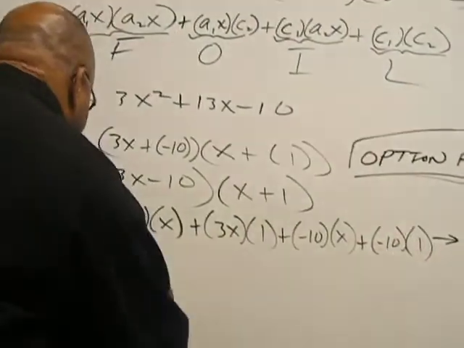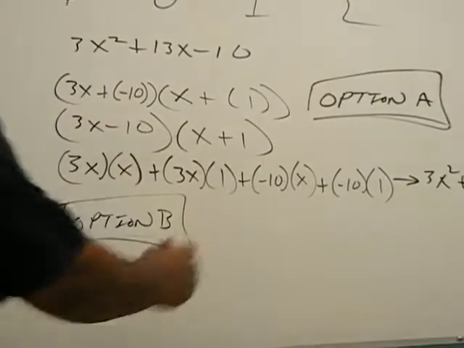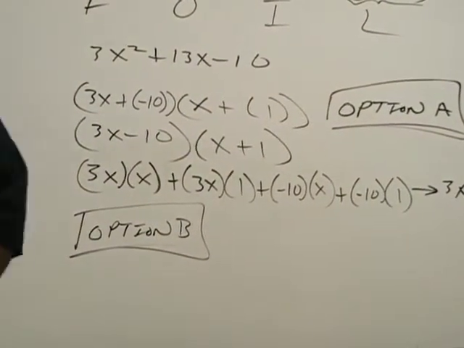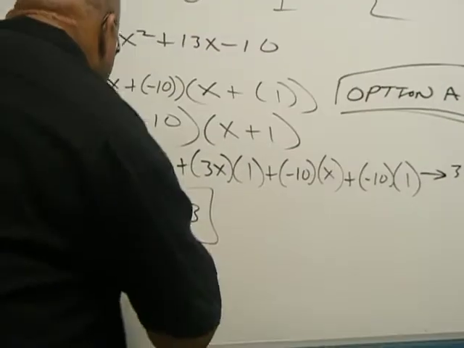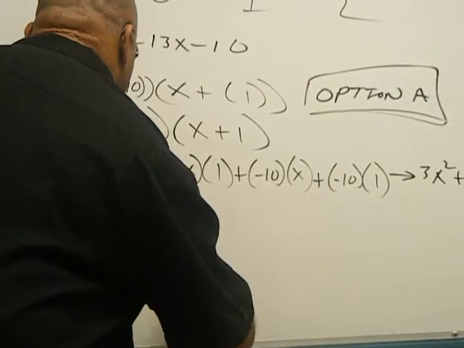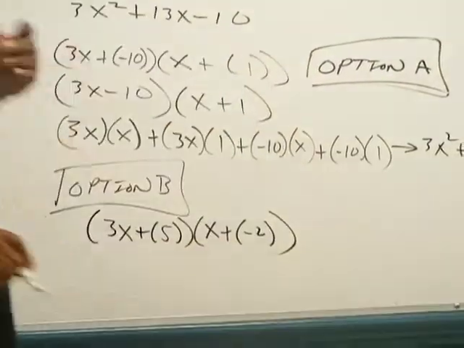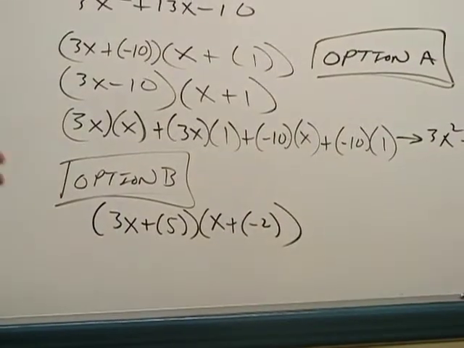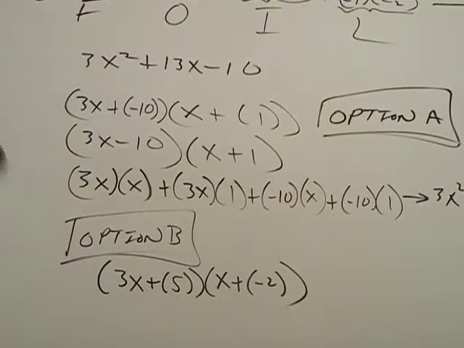Okay, now let's go with option B. With option B, let's try 5 and -2. See whether that works. You see, we already know that the 3 times the 1 here is going to give us 3, so that works.